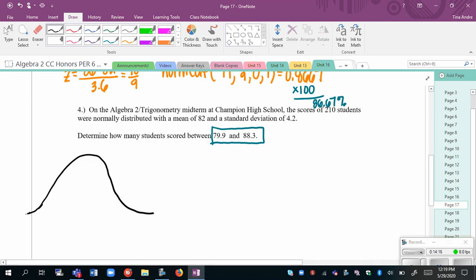So we have our normal curve, our average is 82, our standard deviation is 4.2. So we're looking at 79.9 and 88.3. So I'm going to go until I get those scores. So 82 plus the 4.2 gives me 86.2.